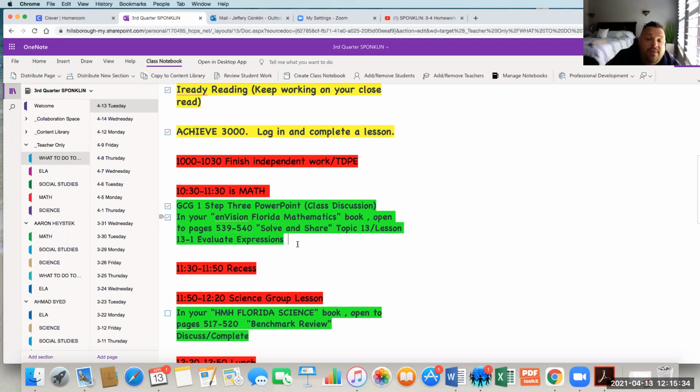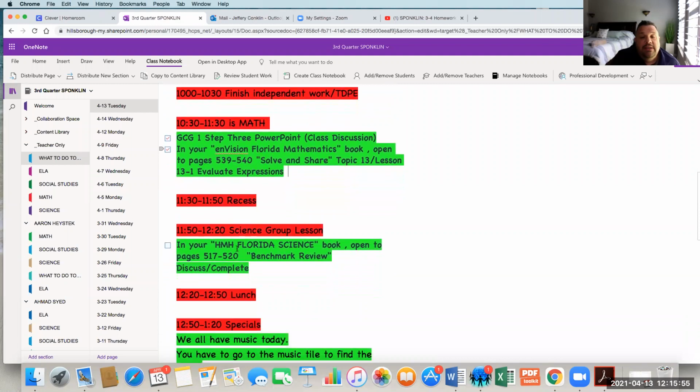So if you go in your math notebook, you will find that page. If you don't have the book, it's in there. It's not due. You don't have to turn it in anywhere, but we're going to talk about it and go over it tomorrow, and you have to have it with you. There's nowhere to turn it in. It's not for points. It's for have it done tomorrow so we can talk about it. So that doesn't mean it's optional, but it means you're not turning it in anywhere to us.